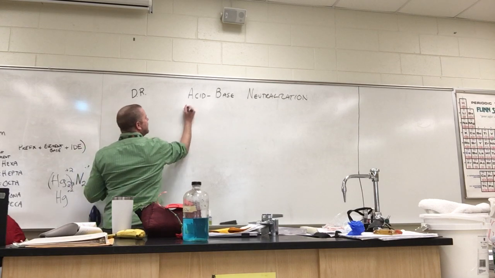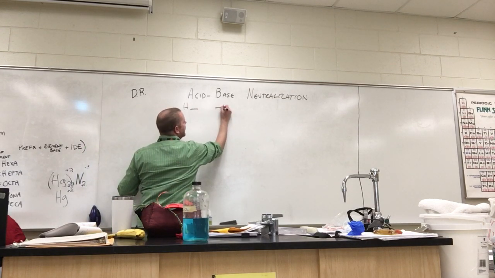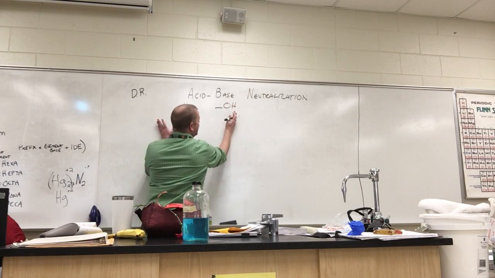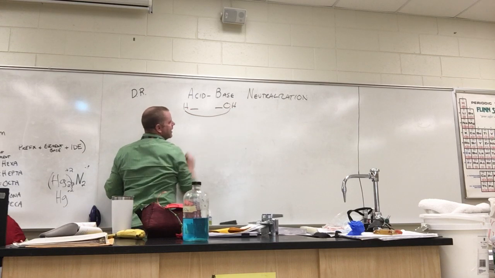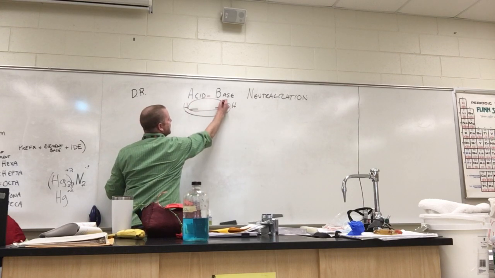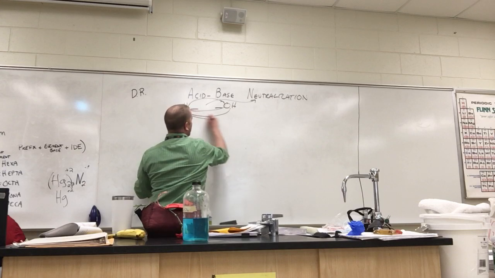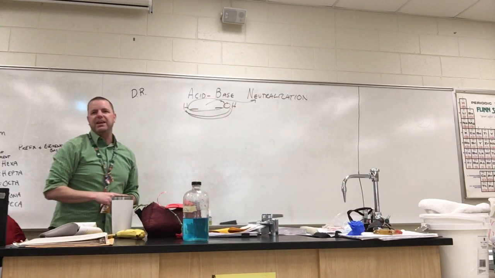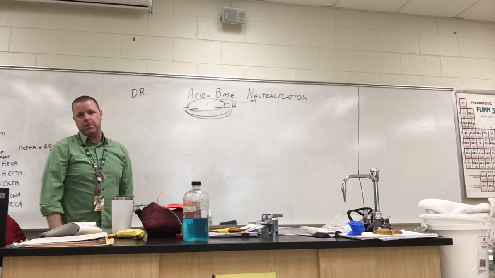With acids, we look for a hydrogen in something. With bases, we look for something with an OH. And what they do is they just switch partners. So H and OH end up together, and these two things end up together. This ends up being the neutral part, okay? And water, we know from a pH standpoint, is also neutral. So we make a salt and water.